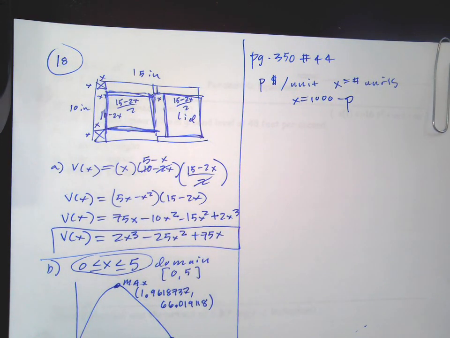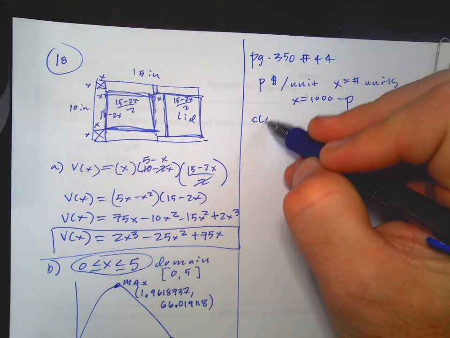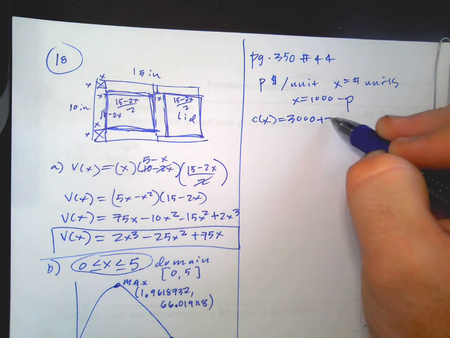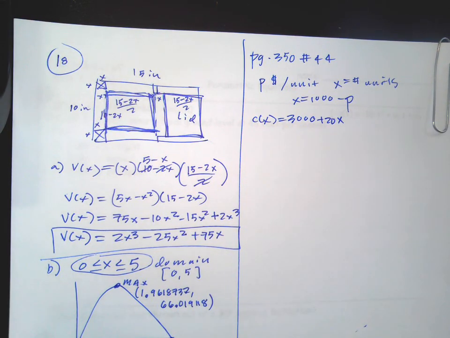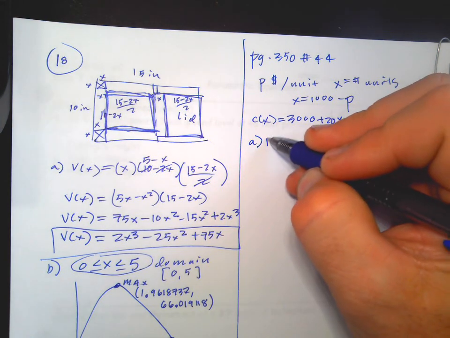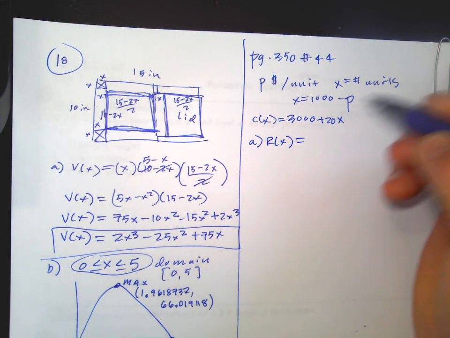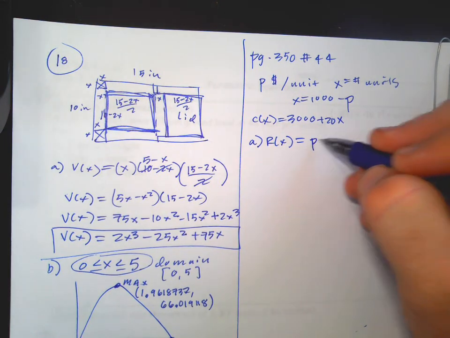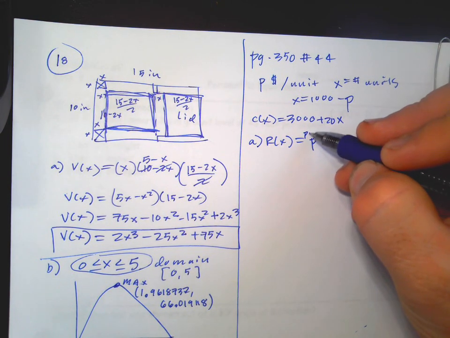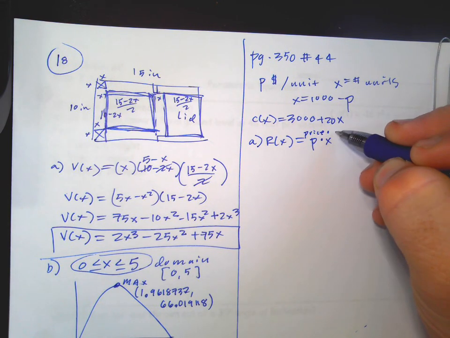So the cost of producing X units per day is given. So part A says to find the revenue function, R(x). Revenue is price times number of units, right?